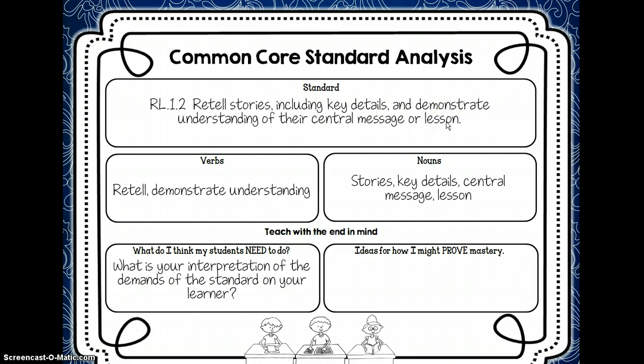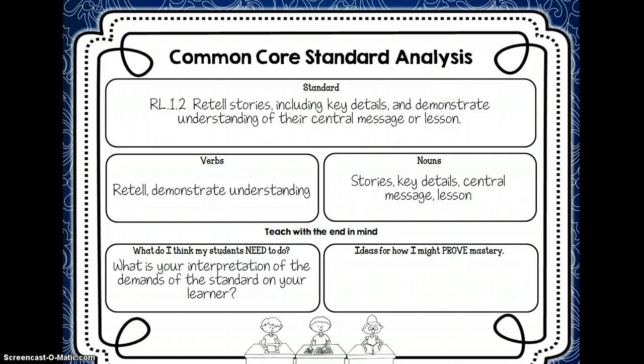I think that it's really important to note that in this particular standard, they want to know key details. Now in first grade, a lot of times you'll have students that want to ramble on and on about all of the different things that they recall from a story, but all of those mini details are not key to understanding the central message or lesson, the overall lesson of the story.